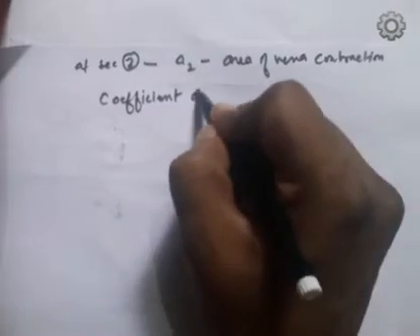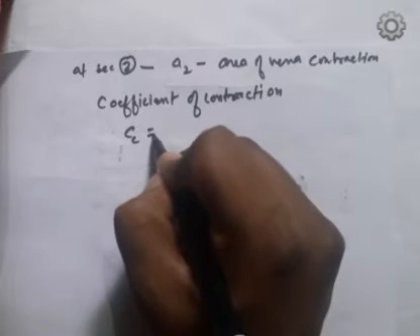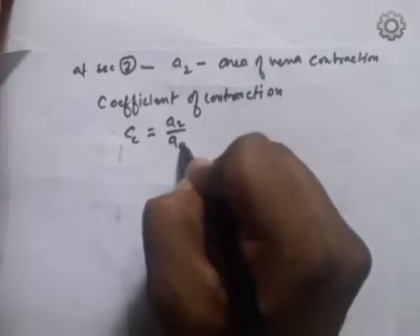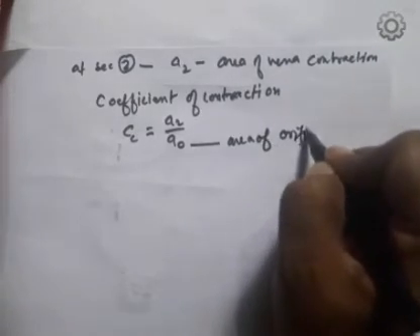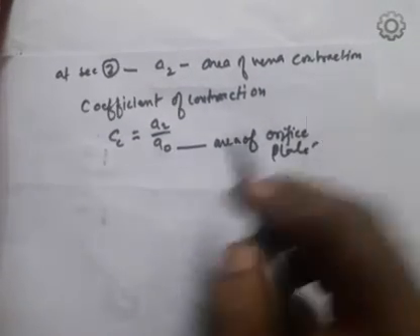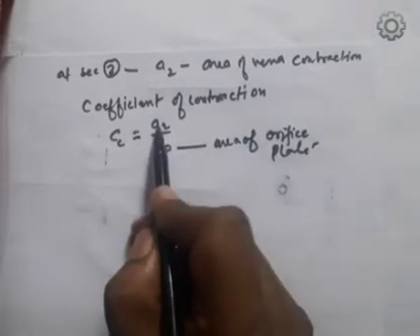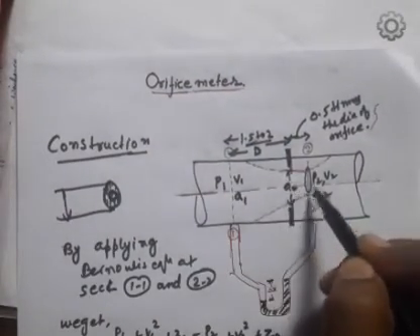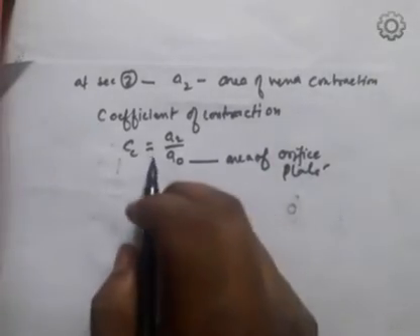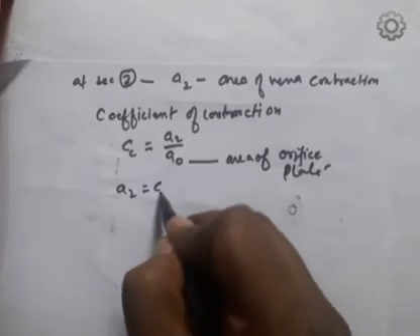Coefficient of contraction Cc is defined as A2 by A naught, where A naught is the area of orifice plate. As we can see, A naught is more than A2. So A2 by A naught is always less than 1 because the area contracts at vena contracta. So A2 is equal to Cc into A naught.